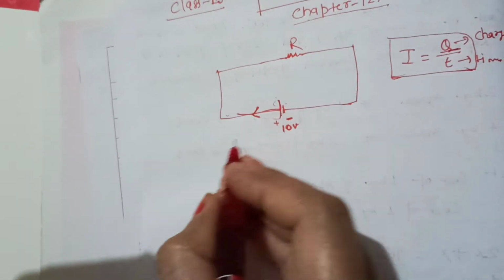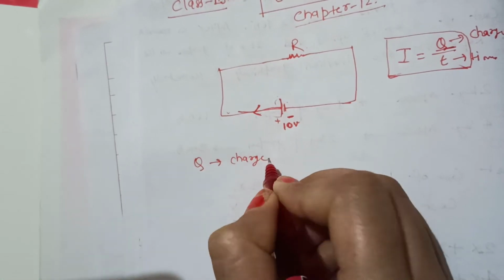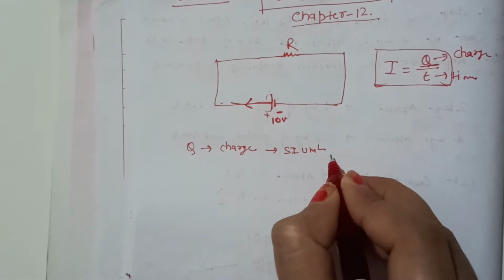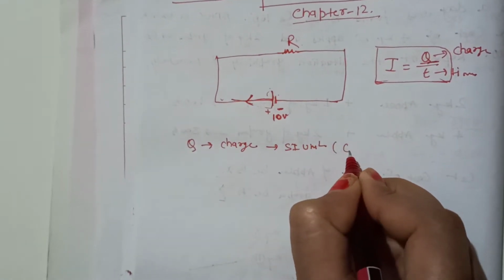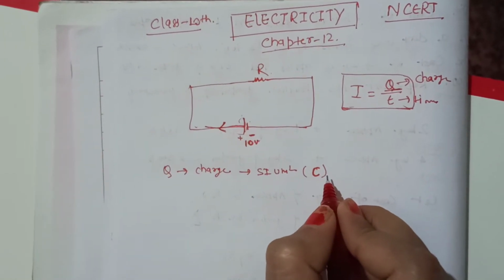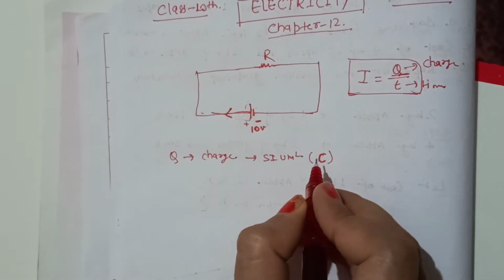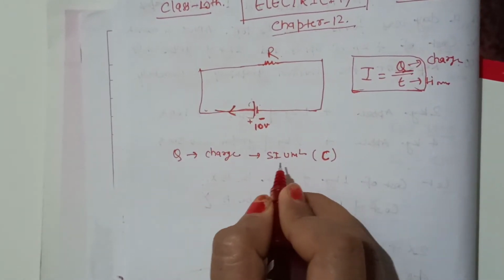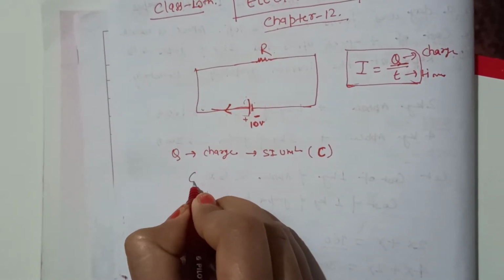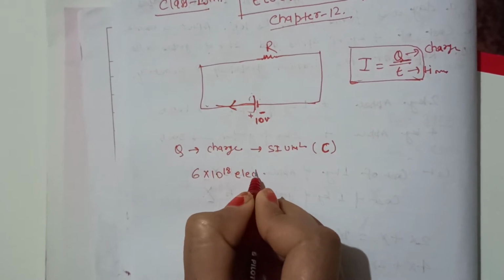So what is Q? Q is the charge, and its SI unit is coulomb, which we represent by C. This 1 coulomb charge is the charge contained in 6 into 10 to the power 18 electrons.